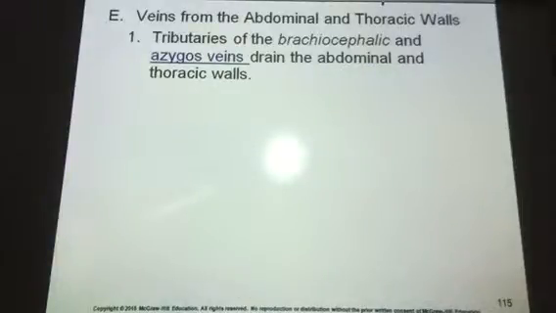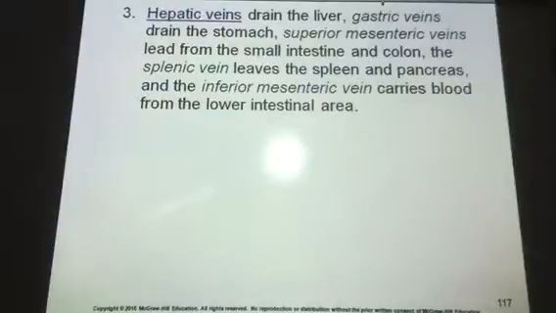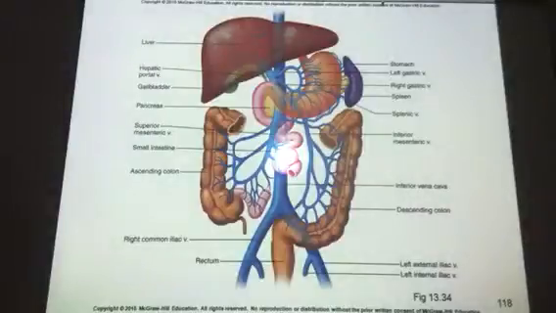One that is different is the azygos vein, and it drains the abdominal and thoracic walls. There's not an azygos artery. Hepatic, again, going to deal with liver. And then there's some more that go with that.